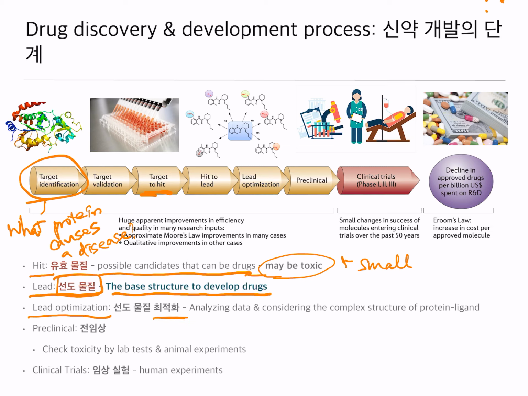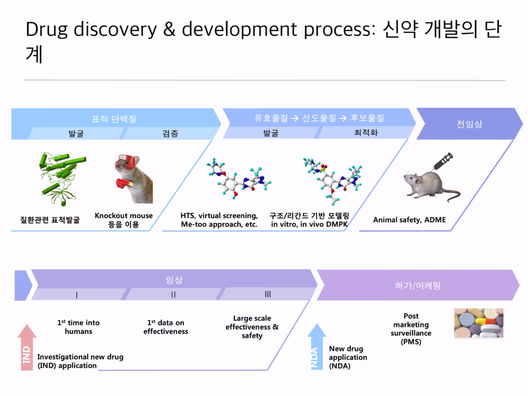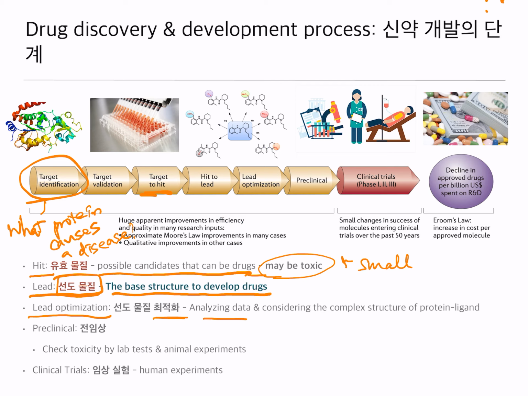After doing some experiments, we analyze data and consider the protein structure, and people think that if we change this group into another group, then the drug will be more efficient or will bind with the protein more strongly, okay?